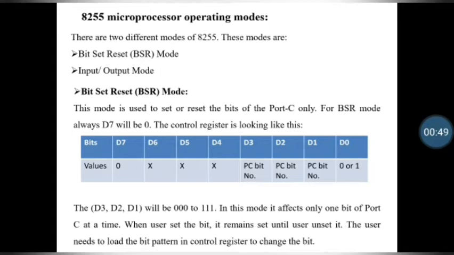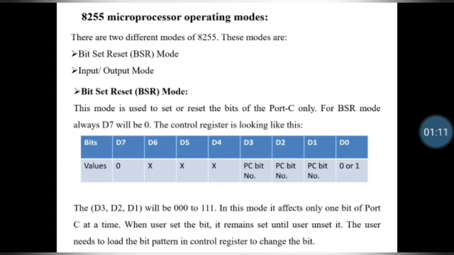The second type of mode is the input output mode, that is the IO mode. This IO mode is again divided into three modes, that is mode 0, mode 1 and mode 2. We will discuss all these modes one by one.